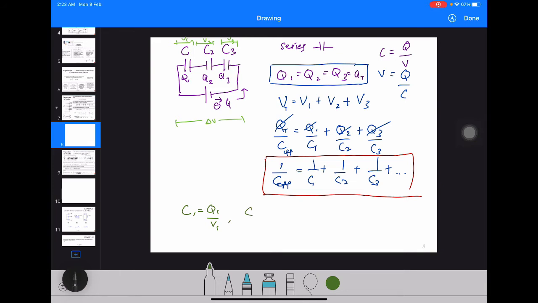If C2, it will be Q2 over V2. For C effective, basically that one is just a total, so this will be Q total over V terminal. Sometimes they use Q naught, sometimes they use Q total. It's basically the same thing. Maybe I can change to Q net instead.